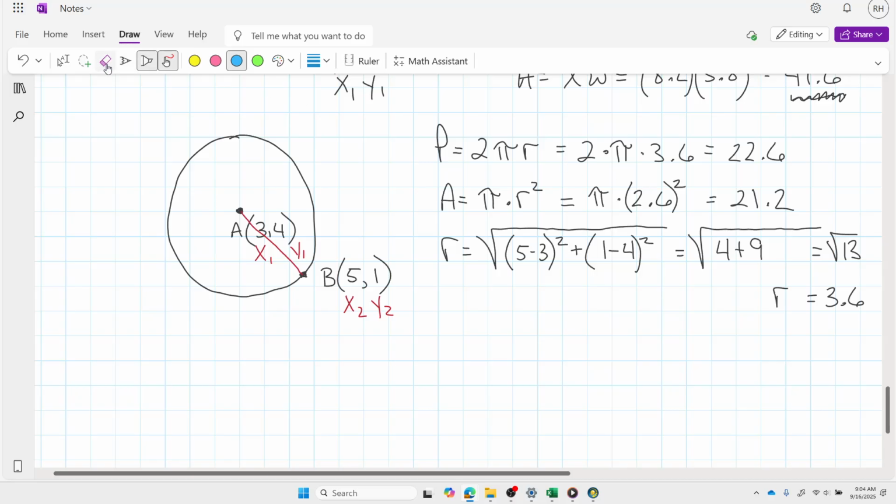So let me get that out of there and change it to 3.6. So 3.6 squared times pi button. What do you get now? Anybody? 40.7? Good.